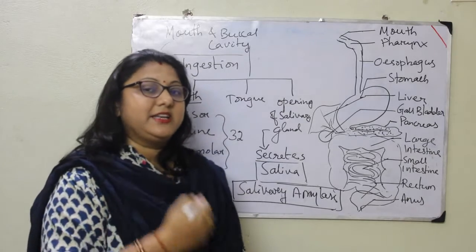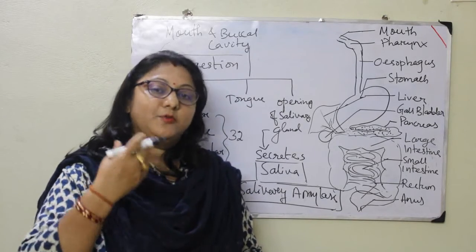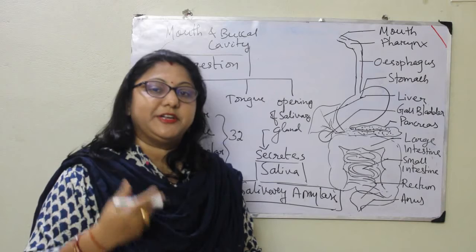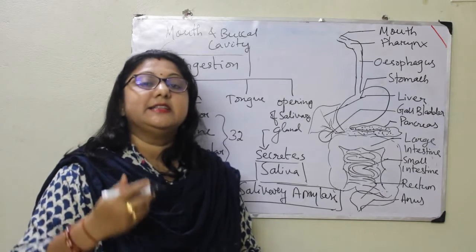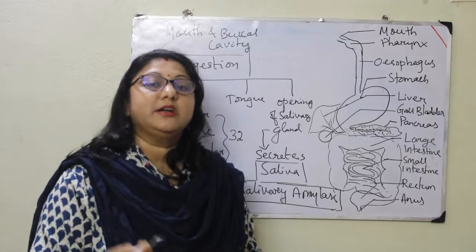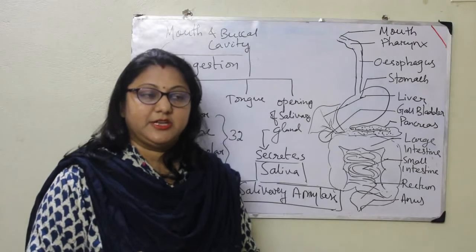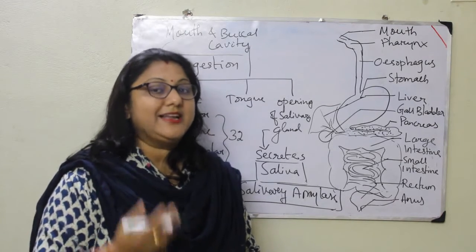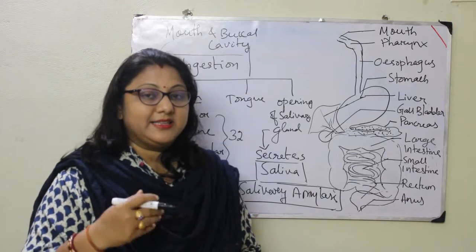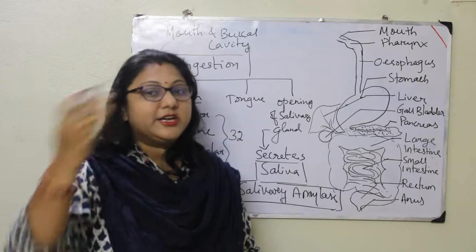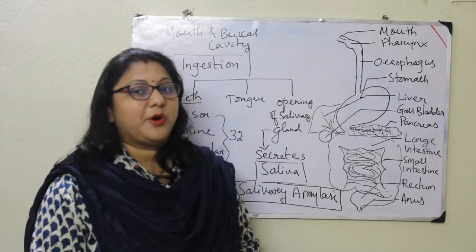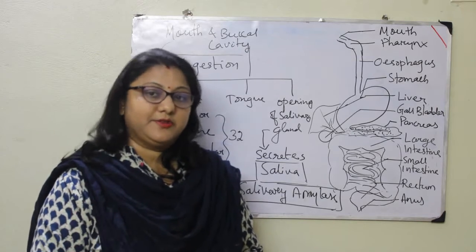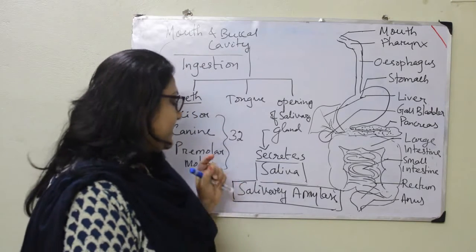So this is the scientific reason behind it. The longer you chew the food inside the buccal cavity, the better it is for carbohydrate digestion. If the majority of the carbohydrate gets digested in the mouth itself, then there will be good digestion at the last part of the final digestion of the carbohydrate. Right? Okay.